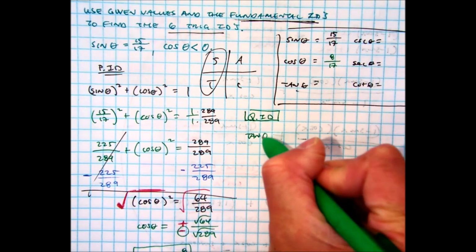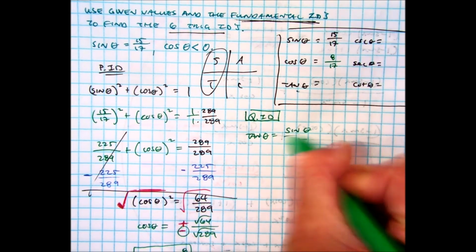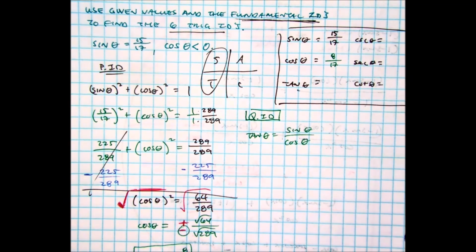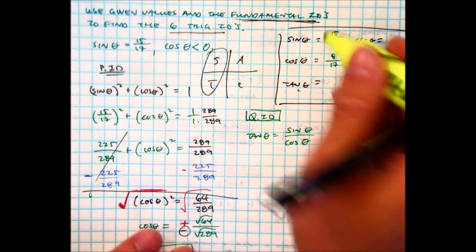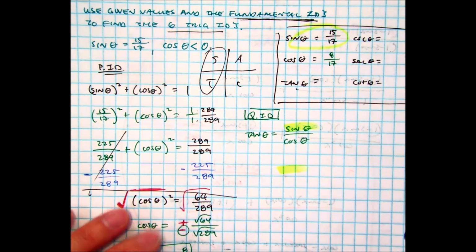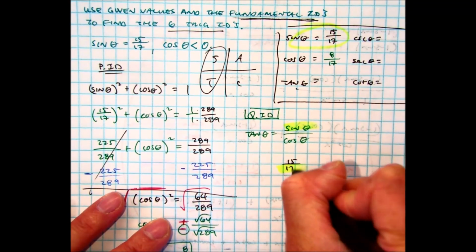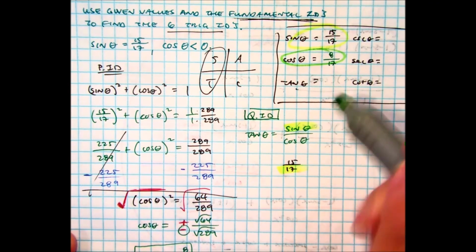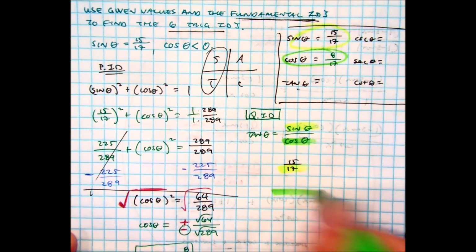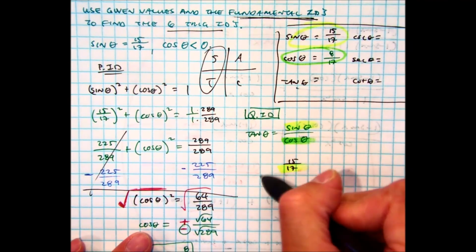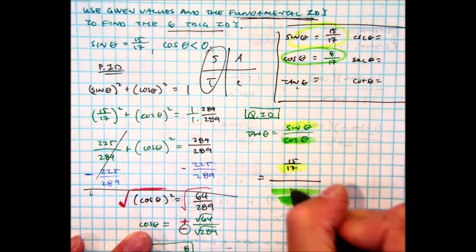So tangent of theta equals sine over cosine of theta. And now I'm just going to do my substitutions. Sine here, 15 over 17. Cosine, a big fraction line, 8 over 17.